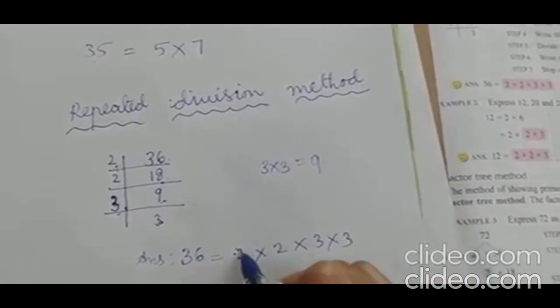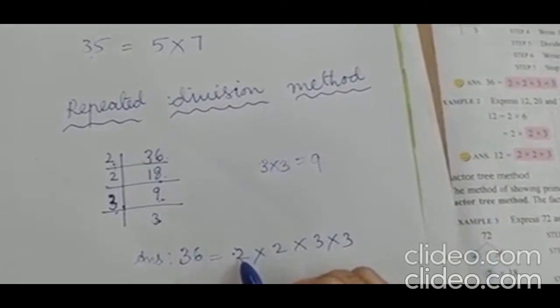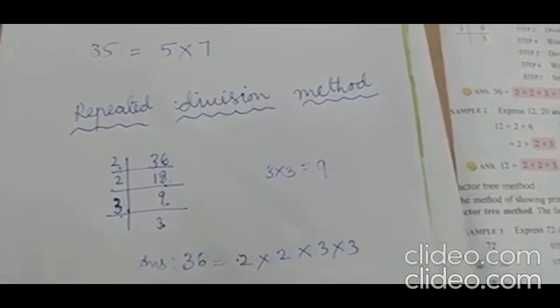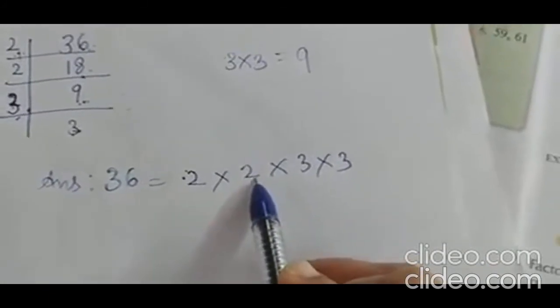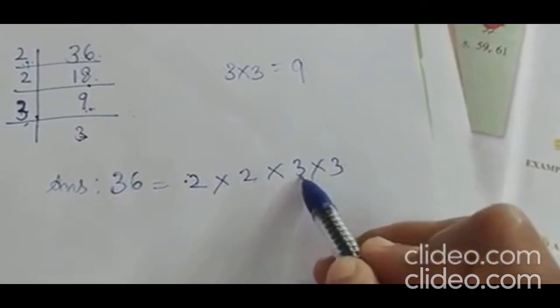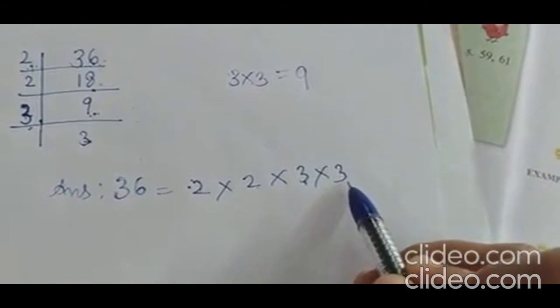Now if you multiply, 2 2s are 4, okay, 4 3s are 12, 12 3s are 36.